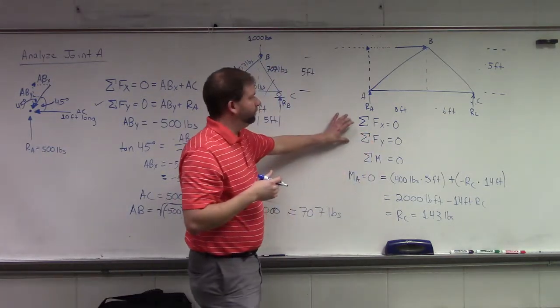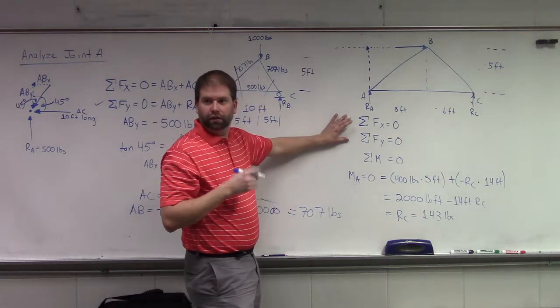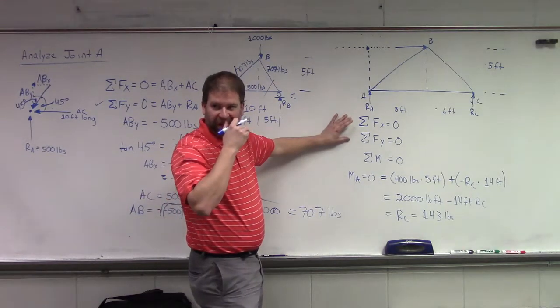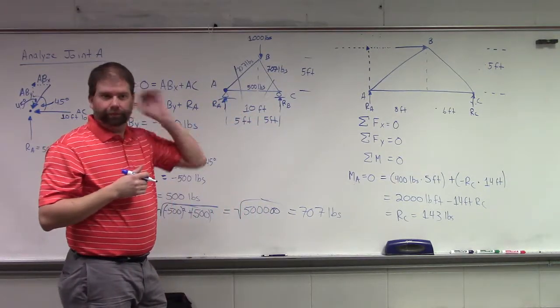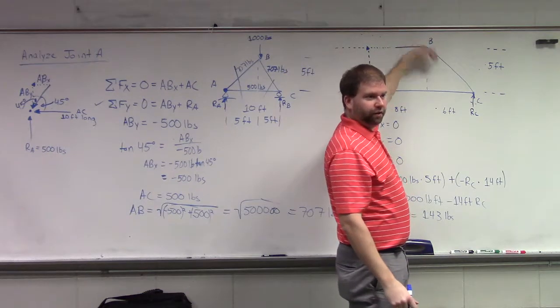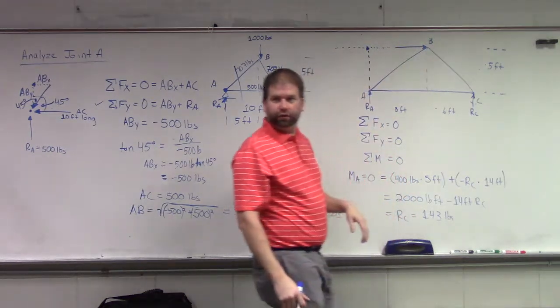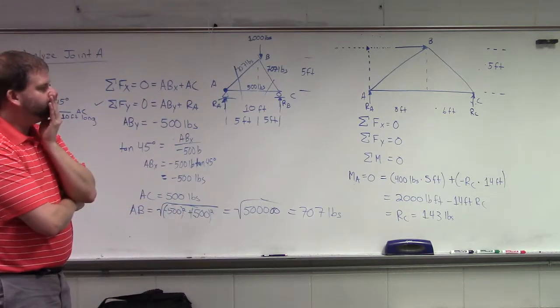At this point, do we know enough information to be able to solve for F of X and F of Y? We don't, right? Because we don't know how this load is getting transmitted into the y direction through the truss.